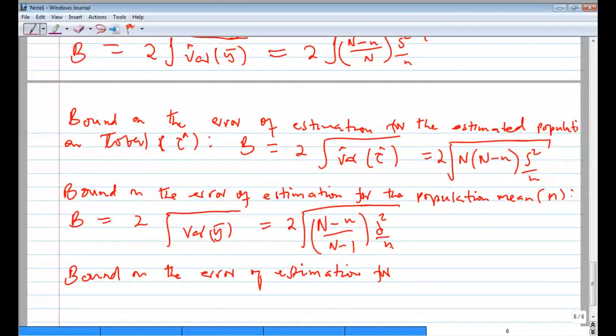So I'm writing this so that you can follow the meaning of those symbols and all those things. Otherwise, I was not supposed to write bound on the error, bound on the error. I was supposed to just write the formula, but I wanted you to follow this so that you can understand and very quickly adjust. Bound on the error of estimation for the population total.